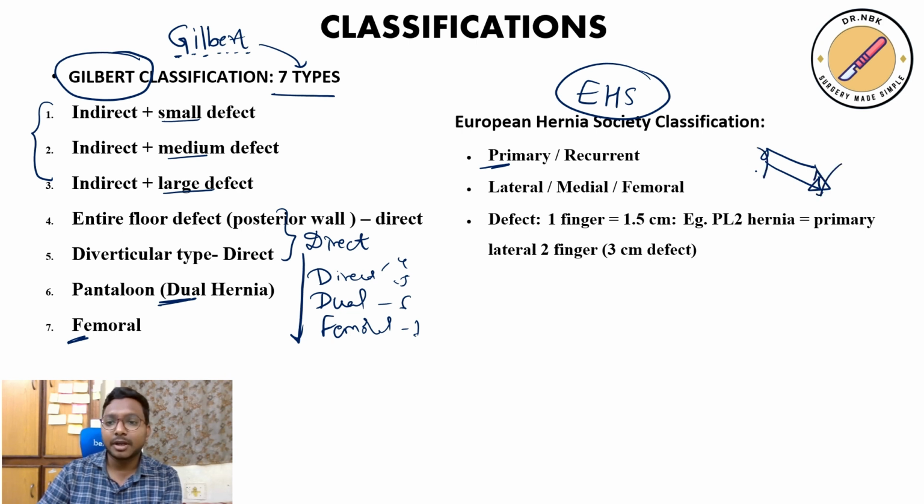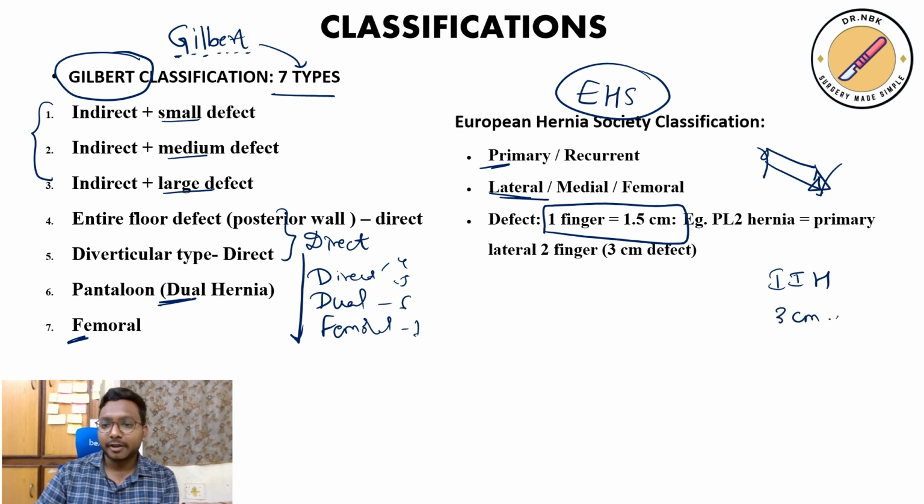If it is from the deep ring or indirect hernia, it is lateral hernia. So what is the size of the defect? Based on that, like how many fingers are being admitted into the defect, one finger is given as 1.5 centimeters.